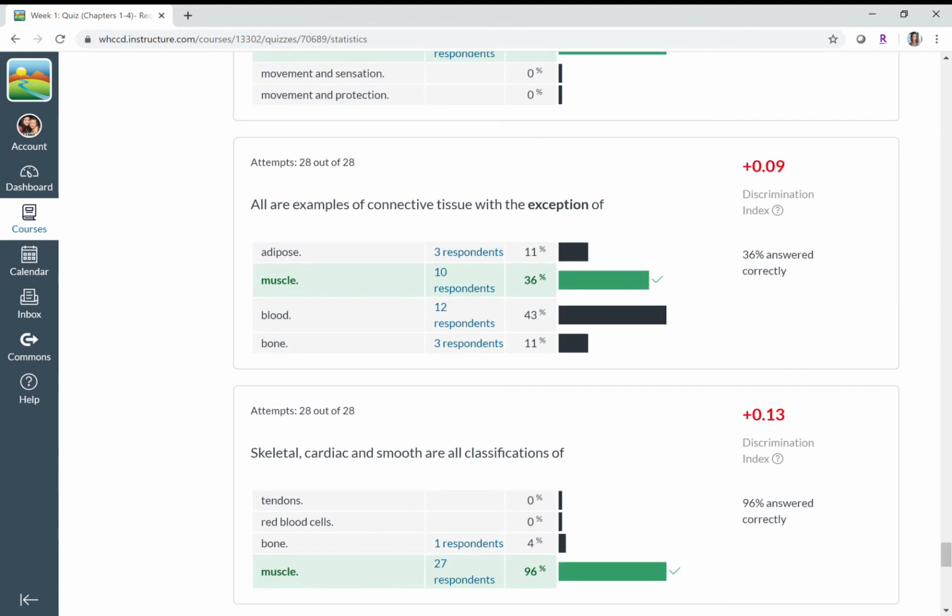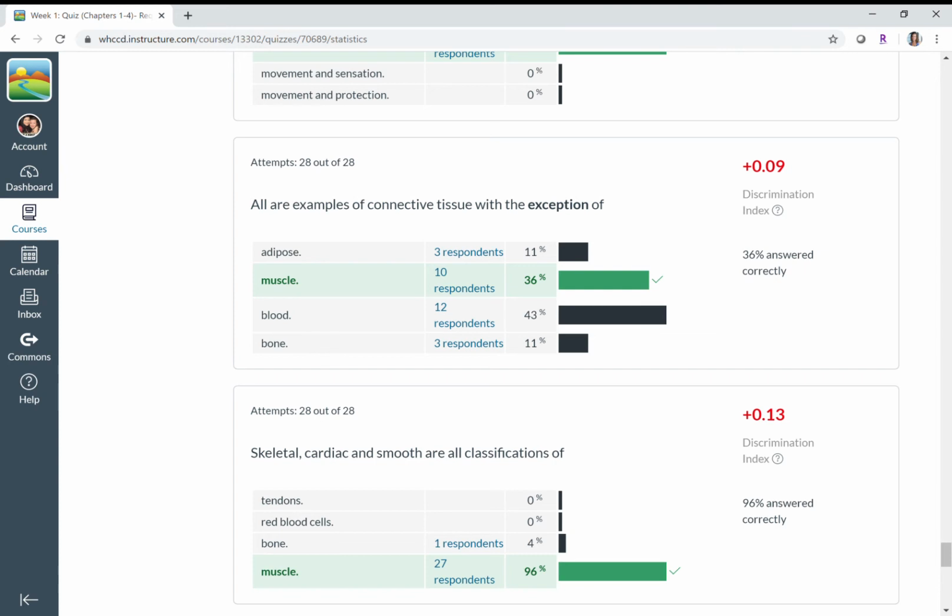this one here. These are all examples of connective tissue, with the exception of... and we have 4 types of tissue. I hope you can remember what the types of tissue are. We have epithelial tissue being 1, nervous tissue being 2, muscular tissue being 3, and connective tissue being 4.